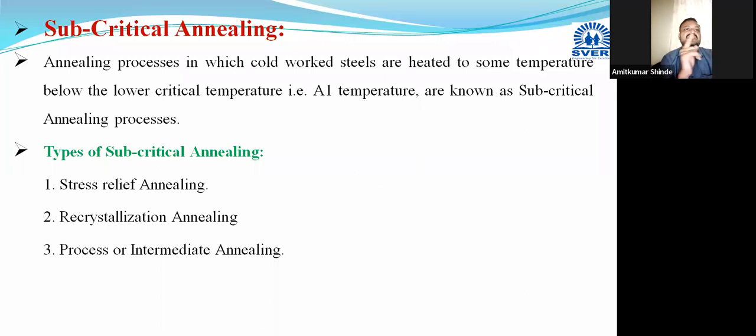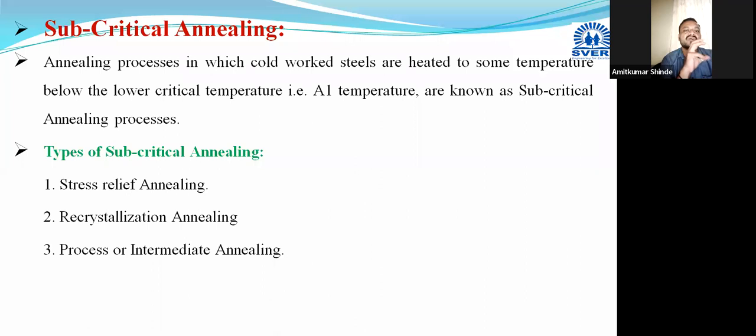Now stress relief annealing. In this stress relief annealing, the steel components are heated in a temperature zone just below recrystallization temperature, that is 500 to 550 degrees Celsius. We are heating the component in that temperature zone. Then some holding time or soaking time is provided.